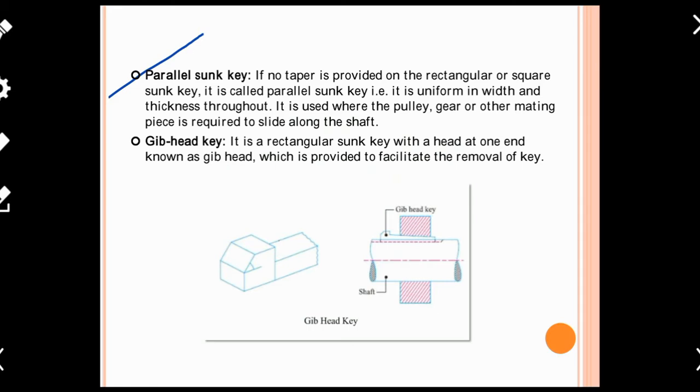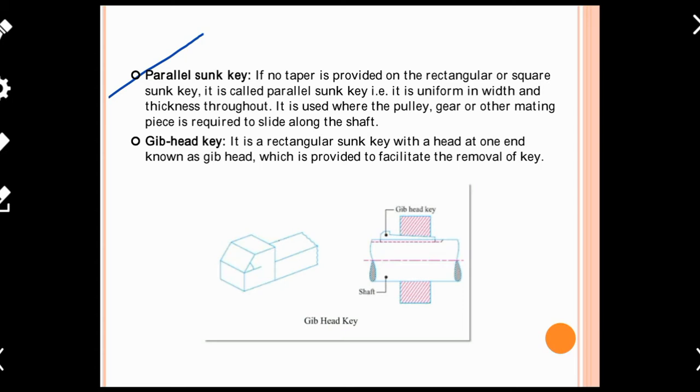Once again, a parallel sunk key may have a rectangular or square cross-section, and generally it is used in the case of a gear with shaft assembly, a pulley with shaft assembly, that type of application you find over there.